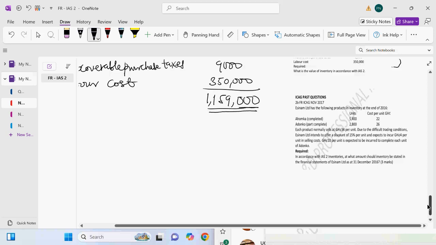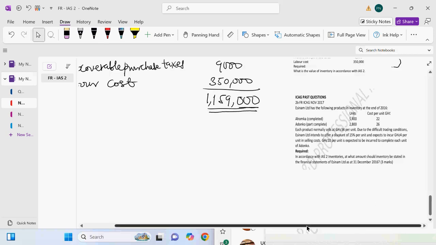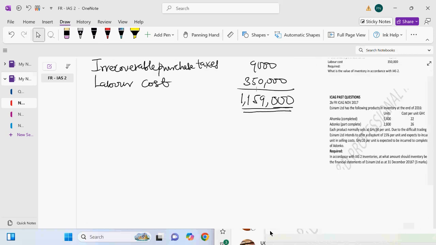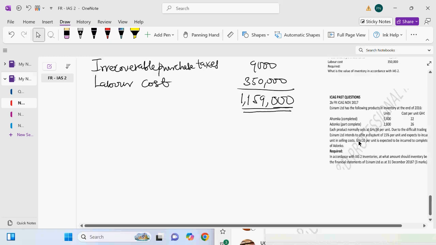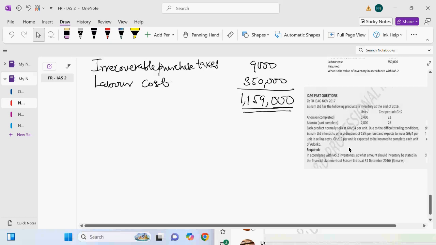Read this for us. S&M Limited had the following products in inventory at the end of 2016: Ahumika and Adongo. Each product normally sells at 35 Ghana cedis per unit.